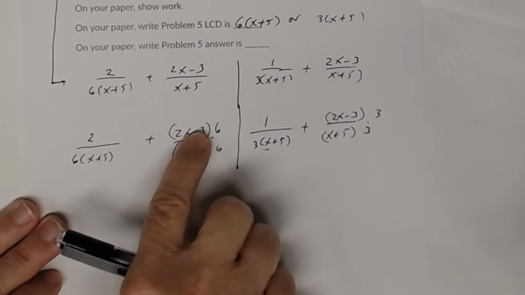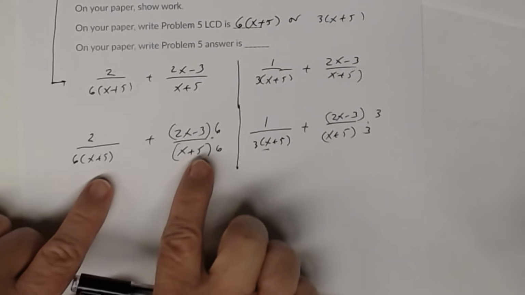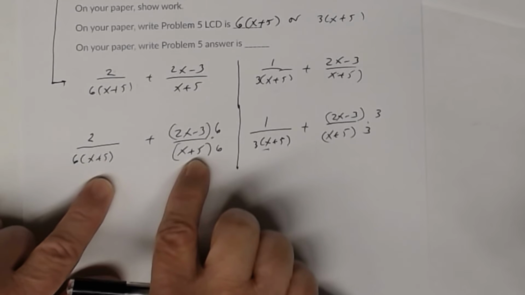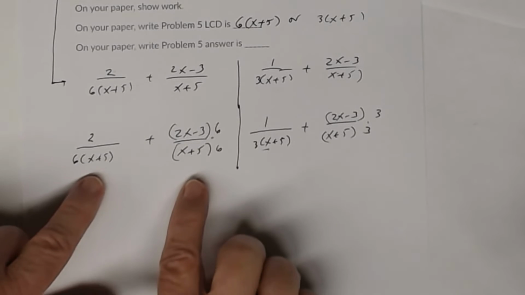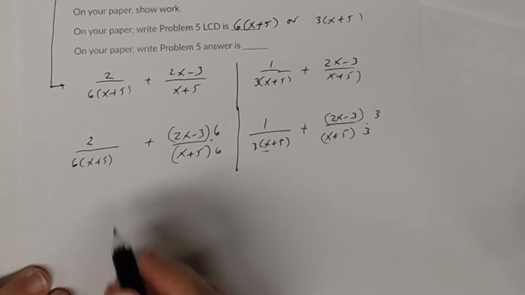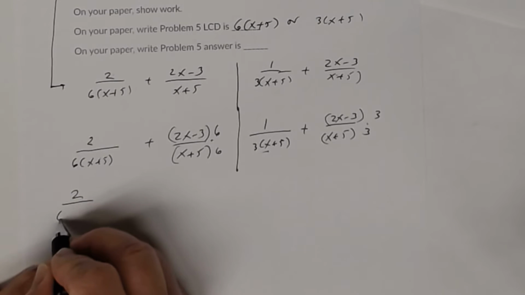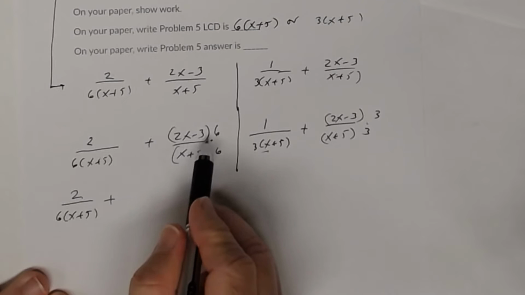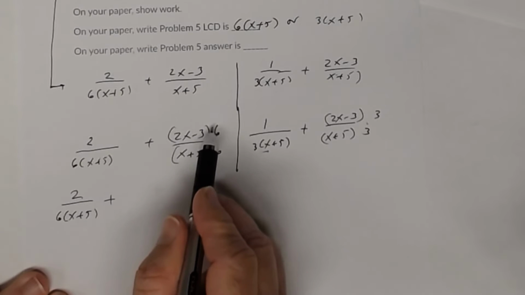Okay, now let's go ahead and get rid of the parentheses in the numerator. Now remember, when adding, subtracting fractions, you want to make sure that those denominators are the same, so at some point you can write it as one fraction. So I get 2 divided by 6 times (x plus 5) plus, and then I'm going to go ahead and distribute this right here. So distribute the 6.